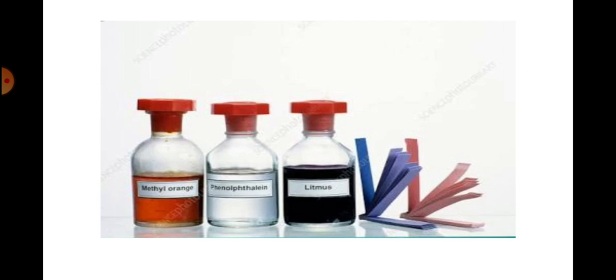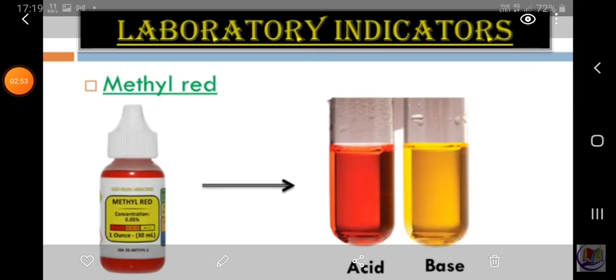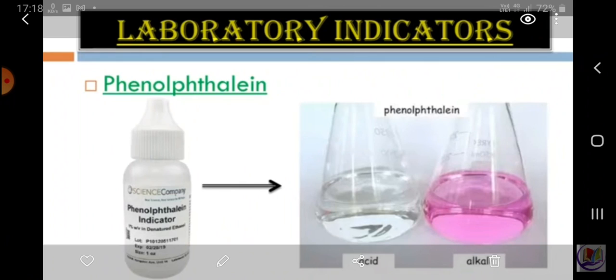Similarly, phenolphthalein, methyl orange, and methyl red are used in laboratory in solution form. Methyl orange indicator becomes pink in acid and yellow in alkali. See children, methyl orange becomes pink or slightly reddish in color in acid and yellow in alkali, whereas phenolphthalein remains colorless in acid and becomes pink when put in an alkali.